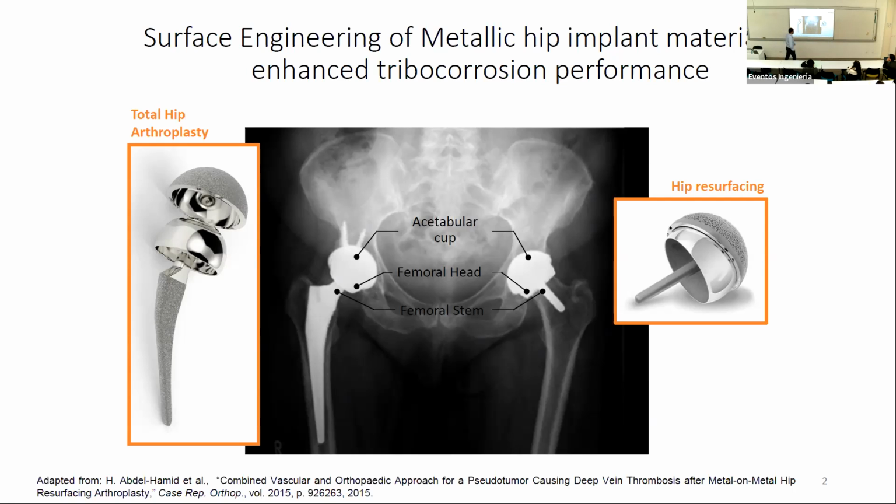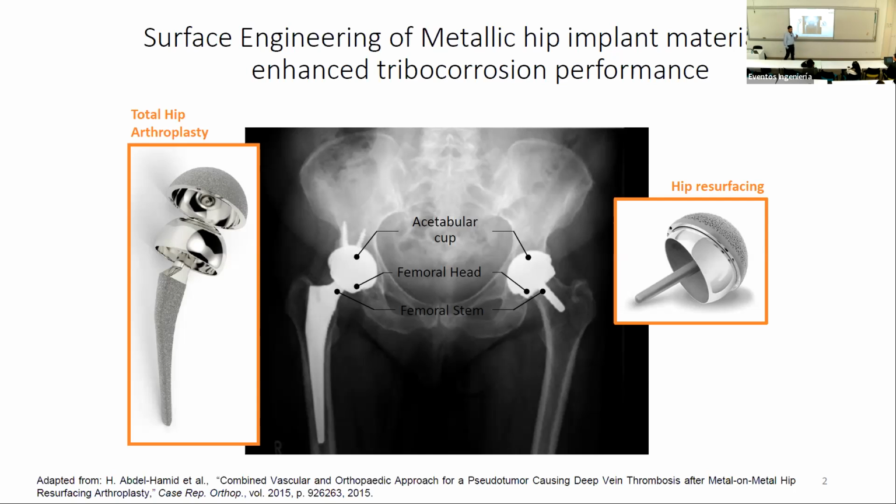Having said this, some configurations such as the hip resurfacing implants are still very important, especially for young patients who might require another revision later in life. Using this type of implant will save a lot of the bone stock, much more than implanting a total hip arthroplasty.